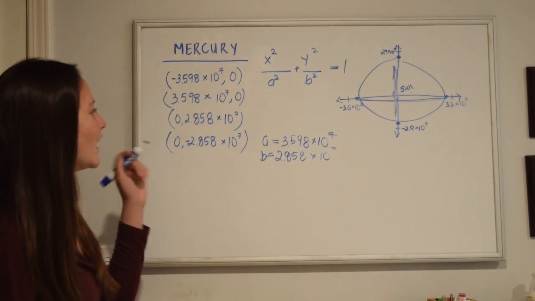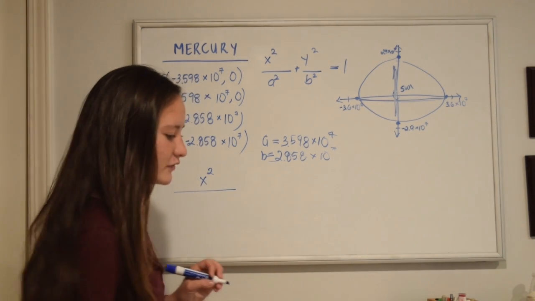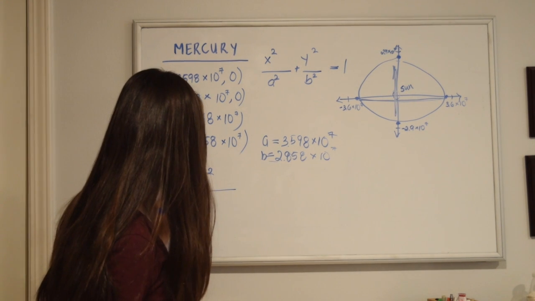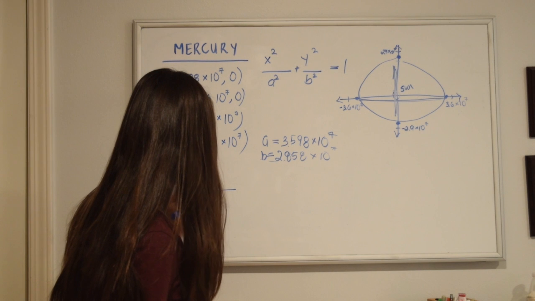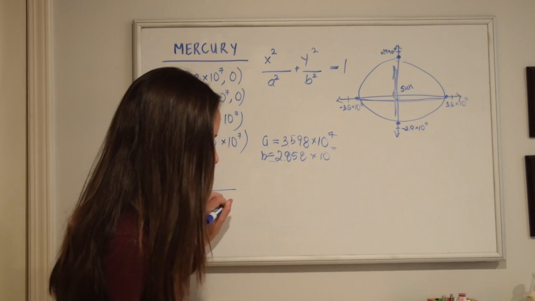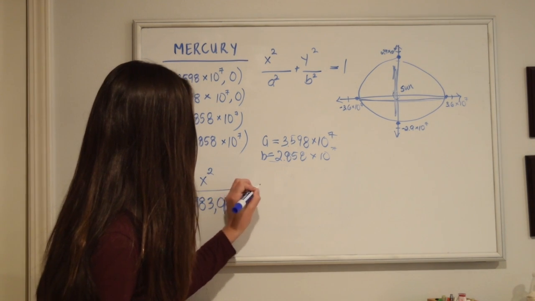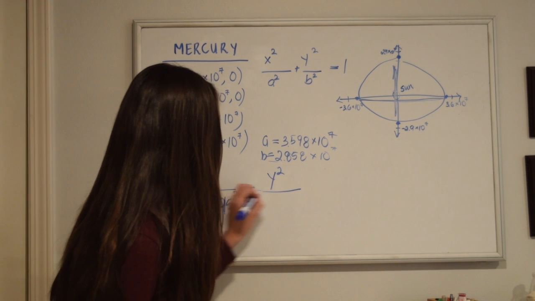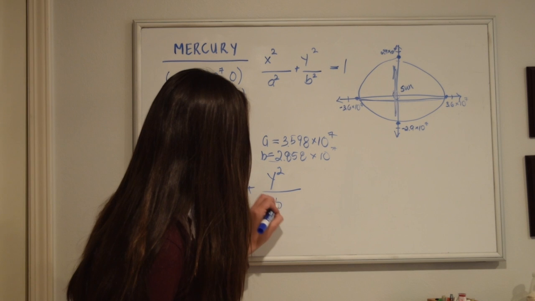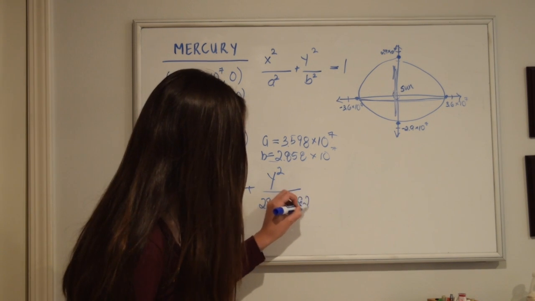Just to make it a little more accurate here, it's going to be x squared over your a value, which I'm just going to write out in millions. It's going to be 35,983,115 miles there. So you're going to square that plus y squared over 28,583,820 miles.